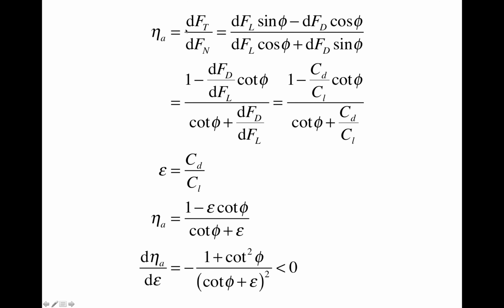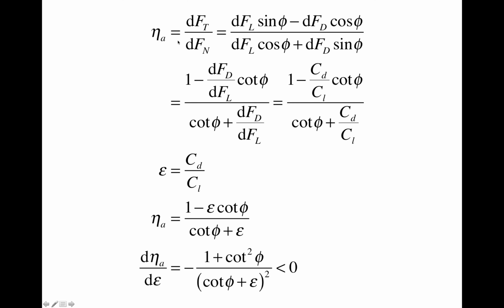So we want to maximize dFT while minimizing dFN. So in this case, if we define a factor eta A equal to this ratio, then what we would like to do is to maximize eta A. If we can maximize eta A, then dFT is maximized while dFN is minimized, right?